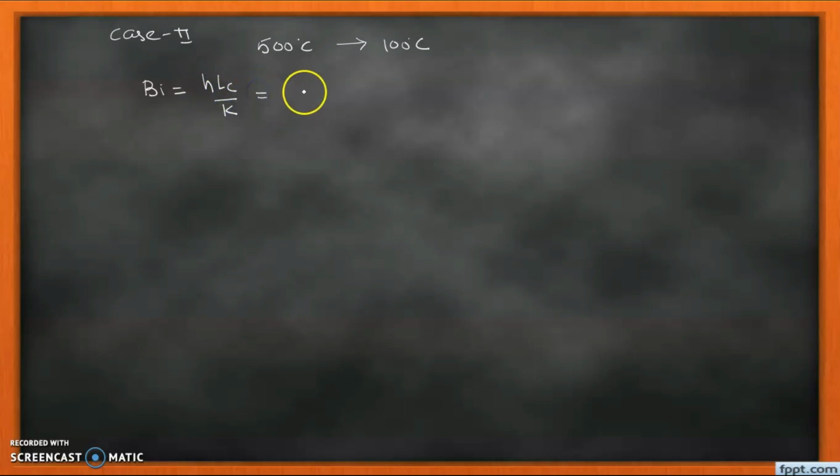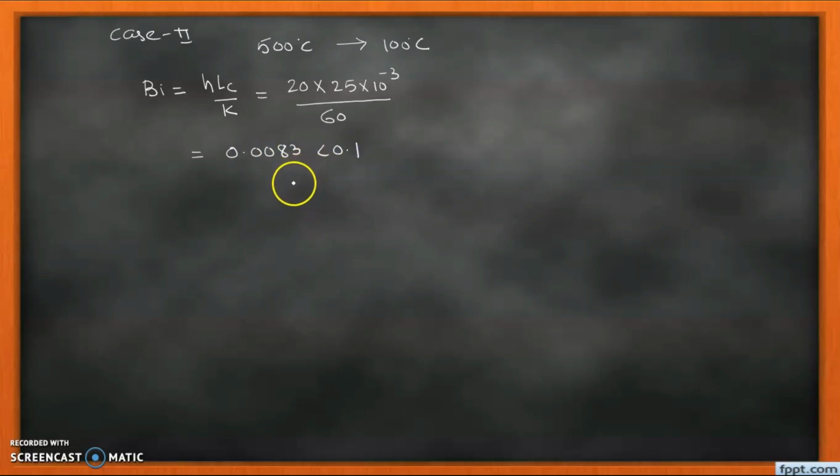Now the convective heat transfer coefficient for air is 20, and the characteristic length we have already calculated in the previous case. It is 25 into 10 to the power minus 3, and the conductivity of the material is 60. So we get the Biot number as 0.0083, which is less than 0.1.